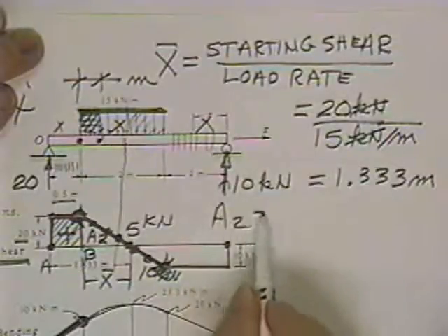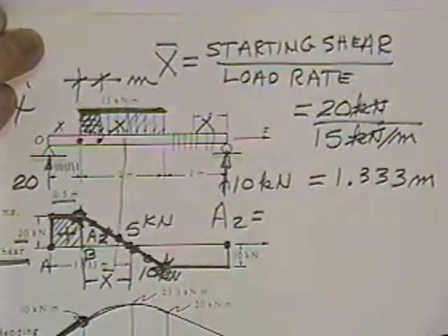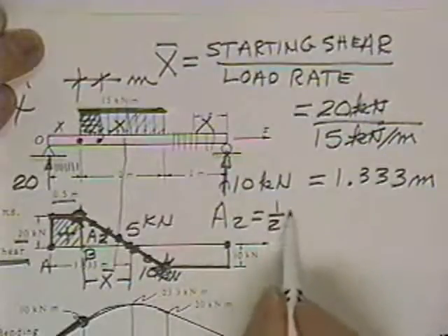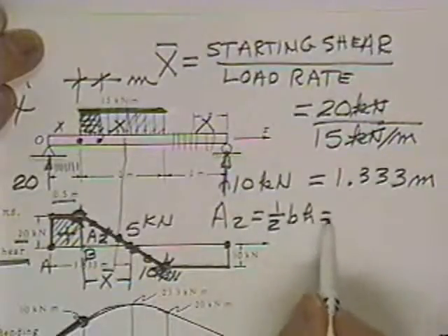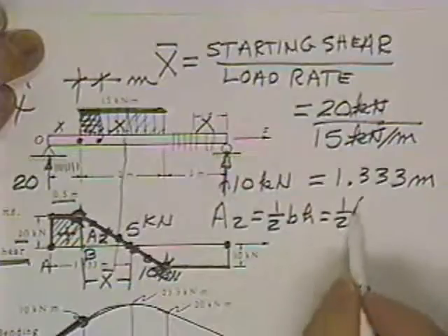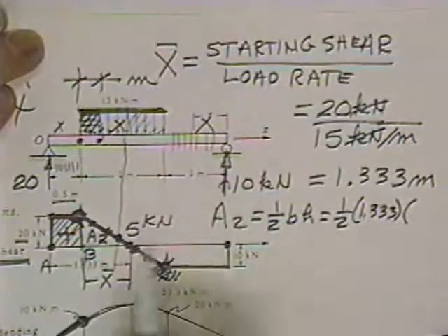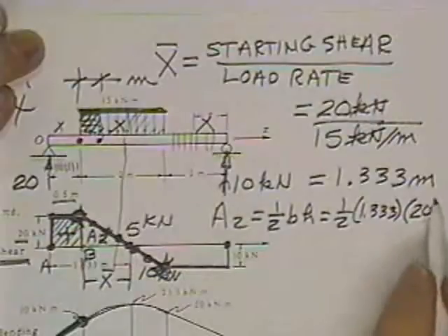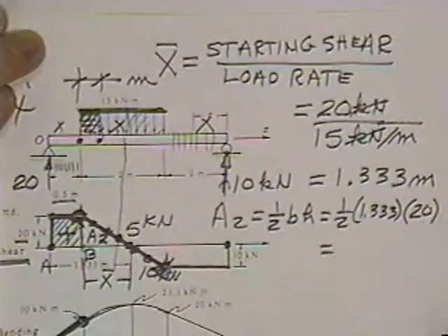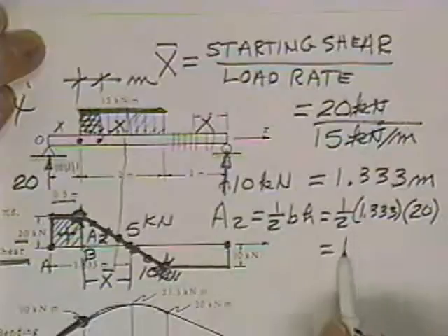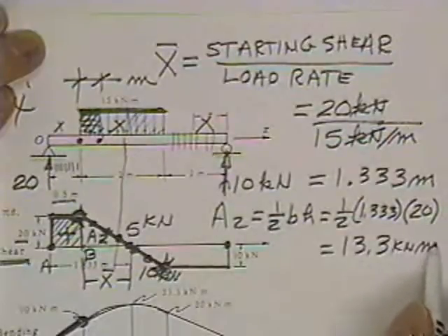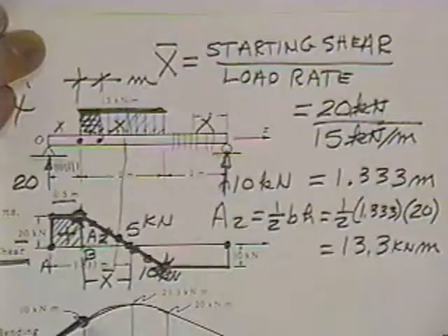Now I calculate how much area 2 is. Area 2 is a triangle, so that's 1/2 base times height. That's 1/2 of 1.333 meters, the height is 20 kilonewtons, is equal to 13.3 kilonewton meters. So that's what this guy says.